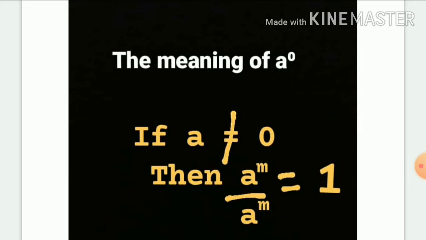A raised to m divided by a raised to m equals 1. You know this much. As you have seen, if some number is divided by the same number, then the answer we get is 1 only. For example, 5 divided by 5, what do we get? 1.